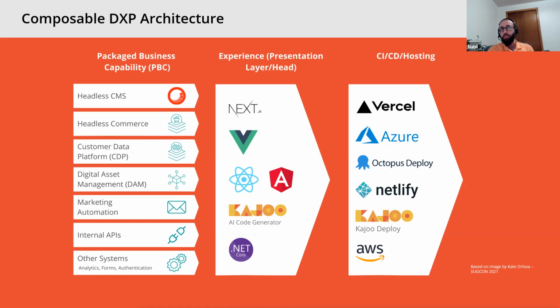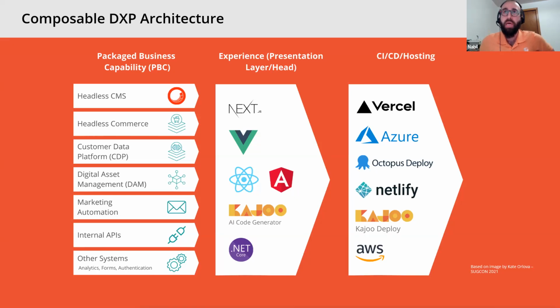The third one is, so you have the back-end capabilities and functionality, you have the experience built, and now you need to host it and use some of the modern DevOps and kind of like an edge functionality or technology here.